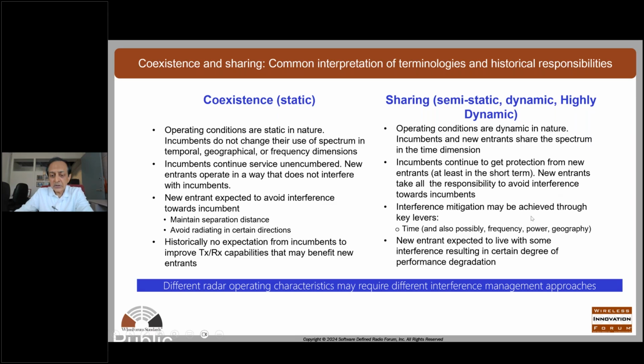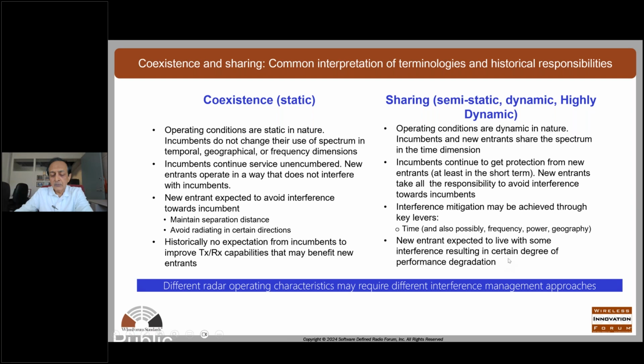Again, interference mitigation may be achieved through time. It means they're operational at different times, but there is also possibility of frequency, power, geography. All those other three levers can also be used towards interference mitigation. And in most cases, the new entrant is expected to live with some interference, perhaps resulting in certain degree of performance degradation, or even lack of reliability.